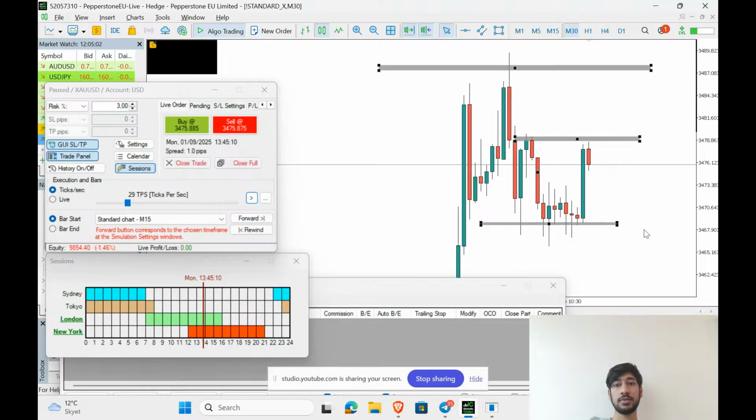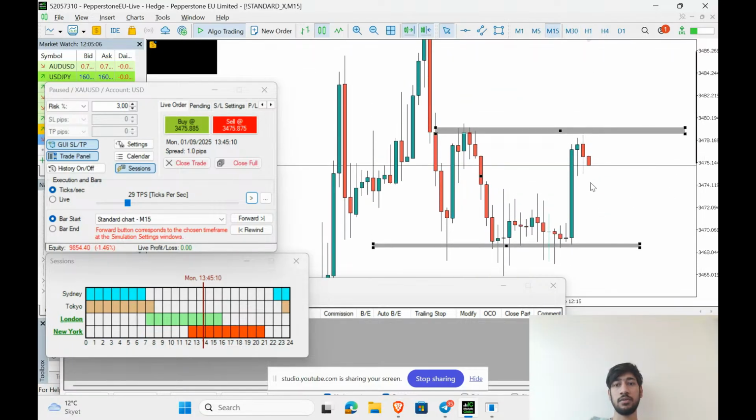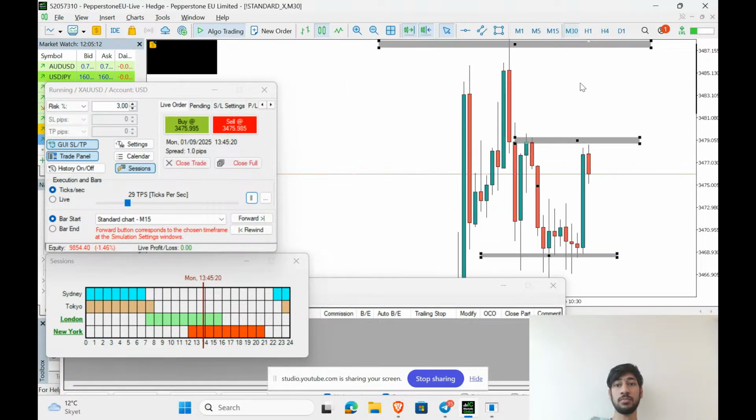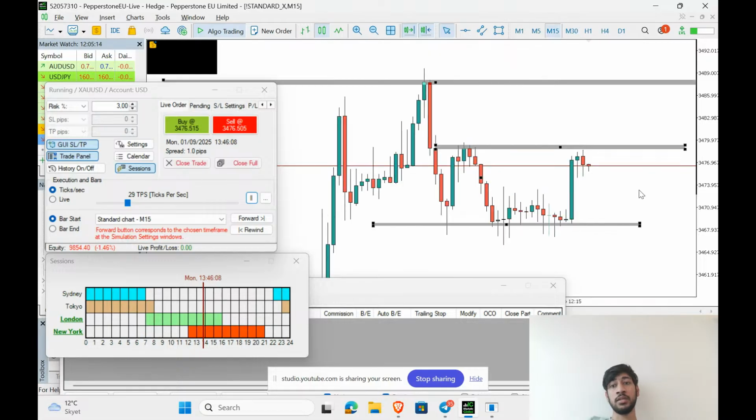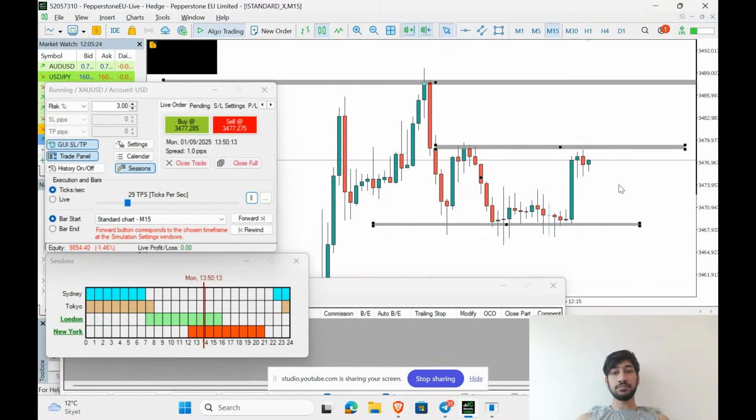H1 resistance, but M30 is still like this. So if I want to sell, I want to see this candle form bearish, closing below these wicks. Then it would be a perfect sell again on the type 2 setup, bounce back off the support and resistance. See how all the things are tied up and made rules.